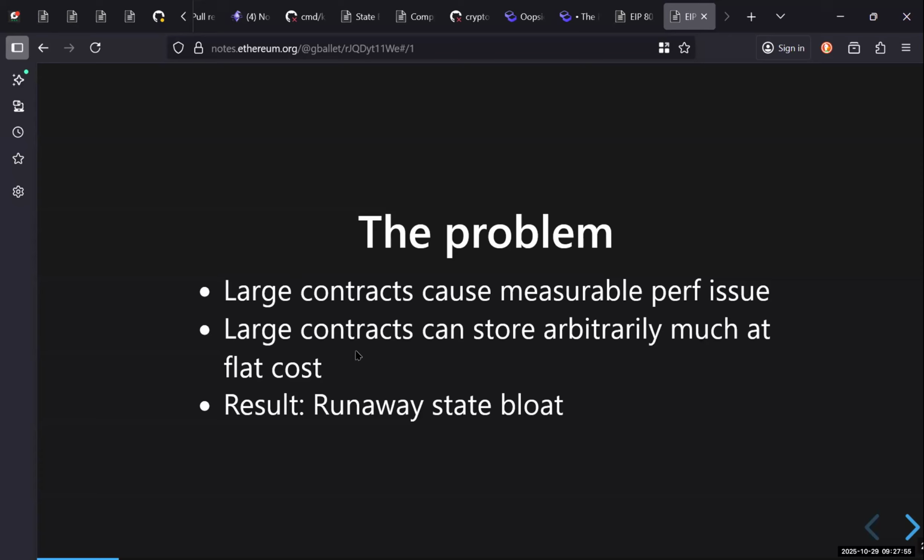Everything goes around the fact that it doesn't matter how much data you write to a given contract, the price is exactly the same. And the result is that the state bloat will increase not only with valuable contracts but also contracts that provide no value. This is a scalability impediment, so we want to stop that.